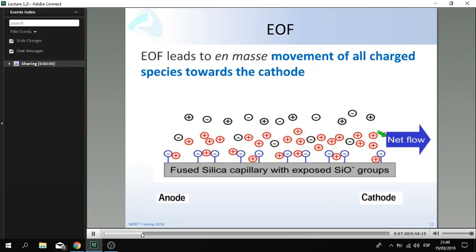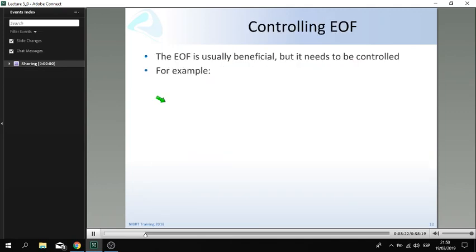Because they are moving, they act almost like a river or a train that carries everything else towards the cathode. So this is electroosmotic flow. It's a force that moves everything towards the cathode because of this double layer. It doesn't matter whether you have neutral or charged ions, they will all move towards the cathode because of electroosmotic flow.